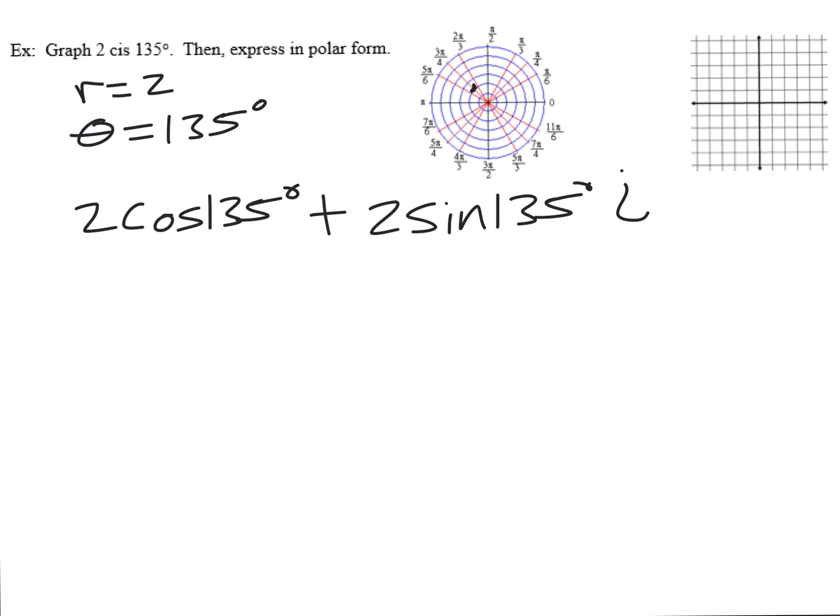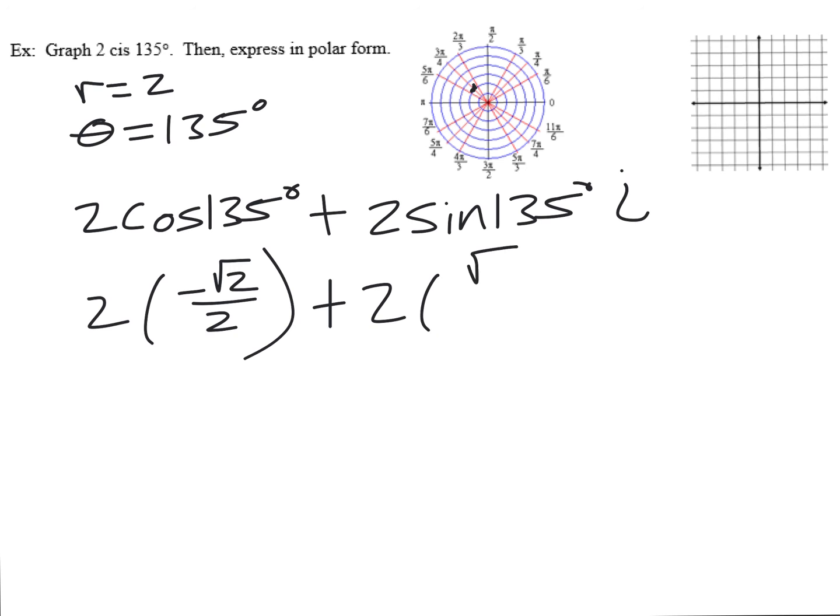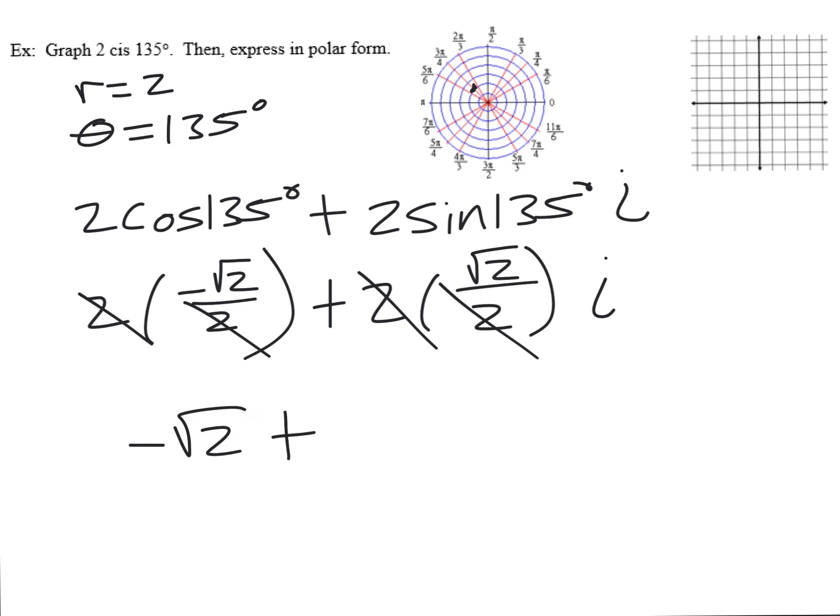That's what we would call B. Cosine of 135 is negative square root 2 over 2. Sine of 135 is positive square root 2 over 2. Bunch of 2's cancel, and I'll have negative square root 2 plus square root 2i. That's A, that's B.